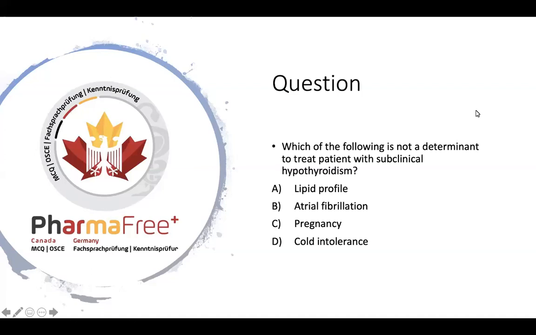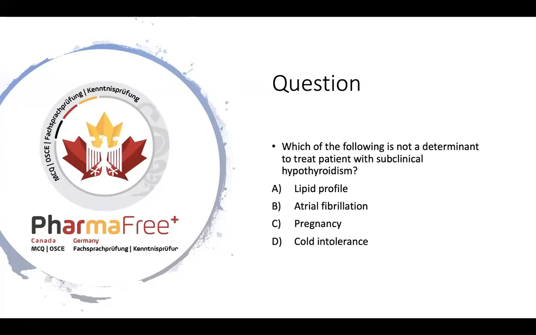In hypothyroidism, in general, there is an increase in the TSH. I don't need any definition, I would just like to hit the question, my friend. In subclinical hypothyroidism, the TSH is normal, and the T3 and the T4 are decreased. I'm not talking about that here. What is the question talking about? It is talking about what is not a determinant to treat in subclinical hypothyroidism.